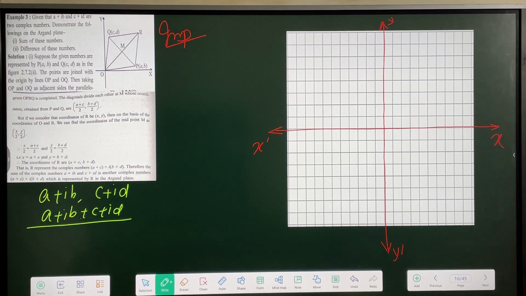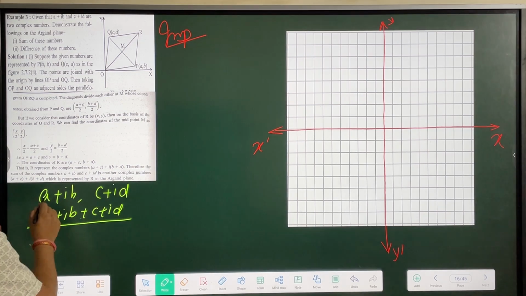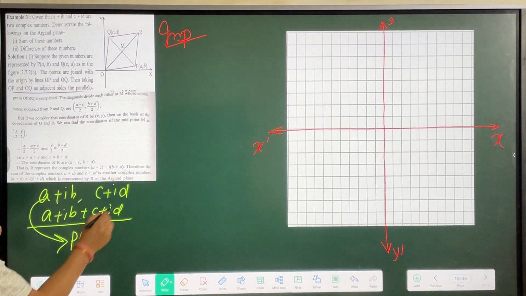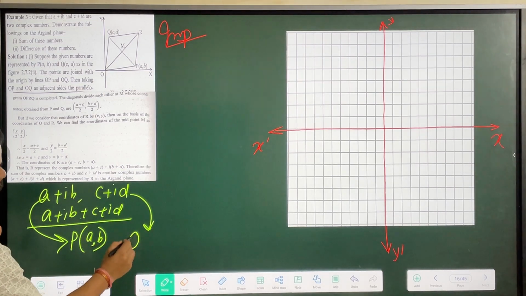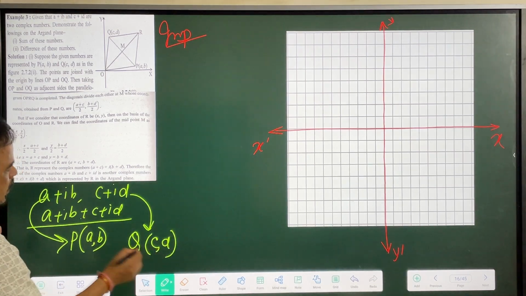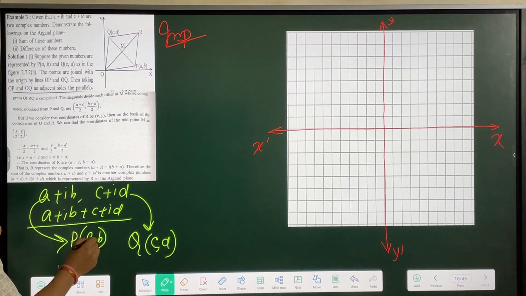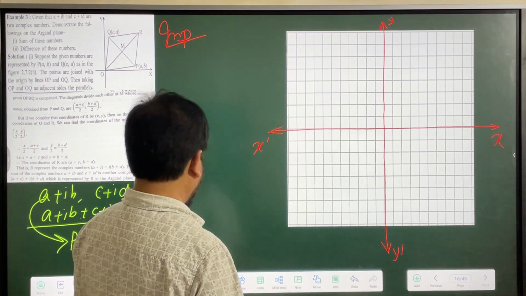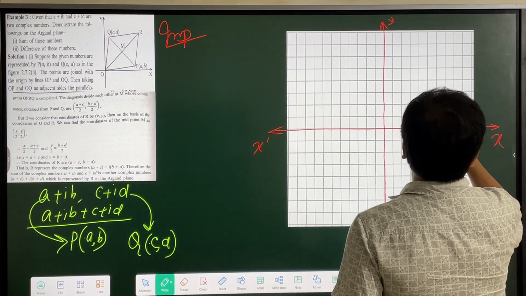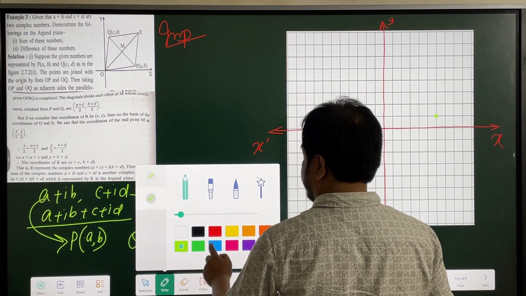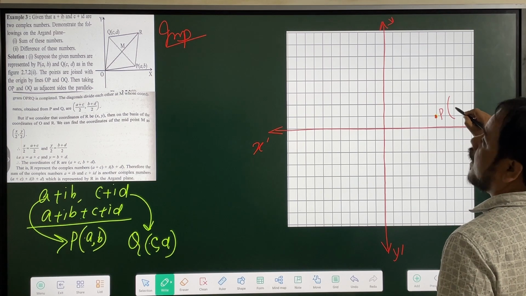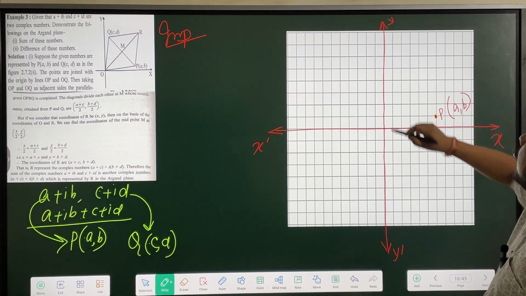So suppose this one is taken as P, (a, b), and this one is taken as Q, (c, d). We will take 2 points anywhere. Here, this is P, (a, b), and Q, (c, d).